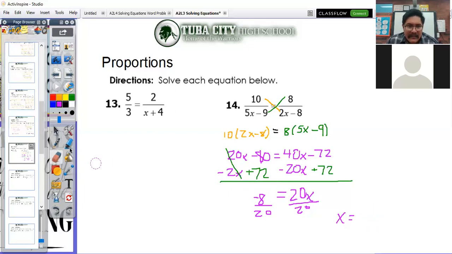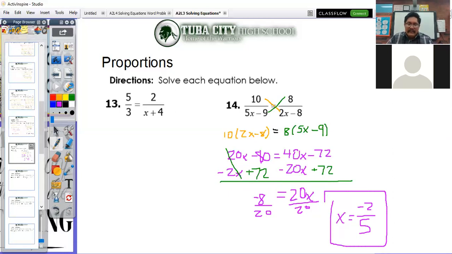Okay, there you go, negative 8 over 20. Simplify that, so 8 can be divided by 4, and 4 divided into 20 is 5, so that's going to be x is equal to negative 2/5. Ooh, that one could have ended badly. All right, but I'm glad I did that one, though.